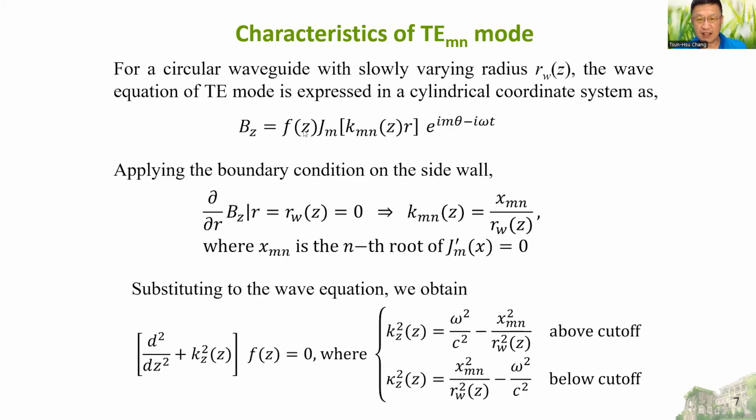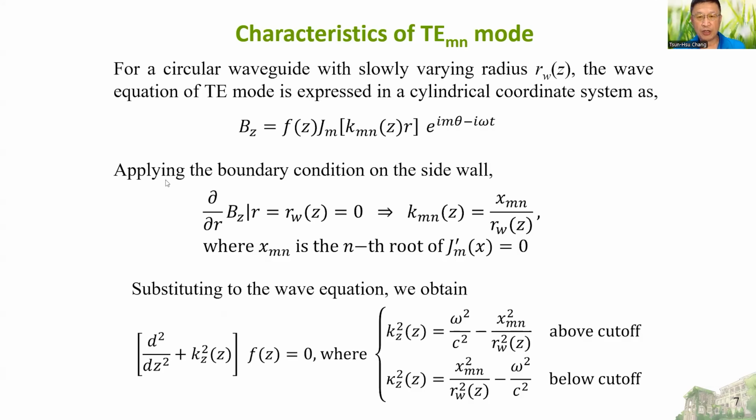F of z is to be determined and can be considered as the amplitude. The Bessel function's argument is a function of k_mn of z, which depends on position, times the radius of the circular waveguide, times exponential of i m theta minus i omega t.